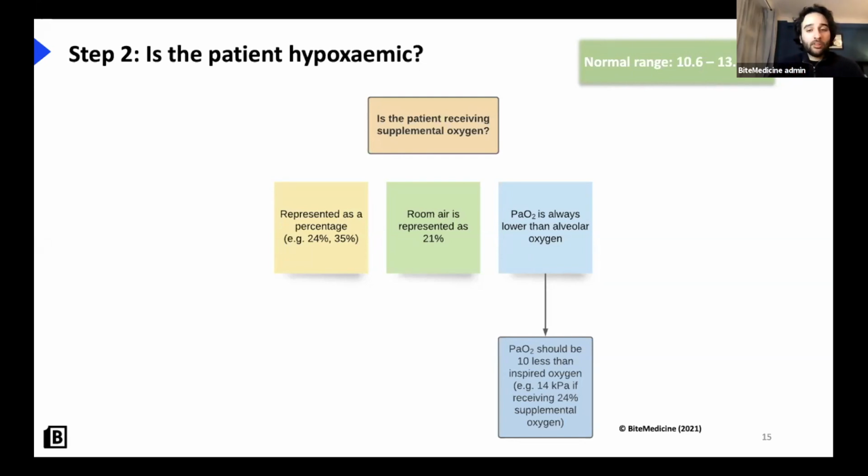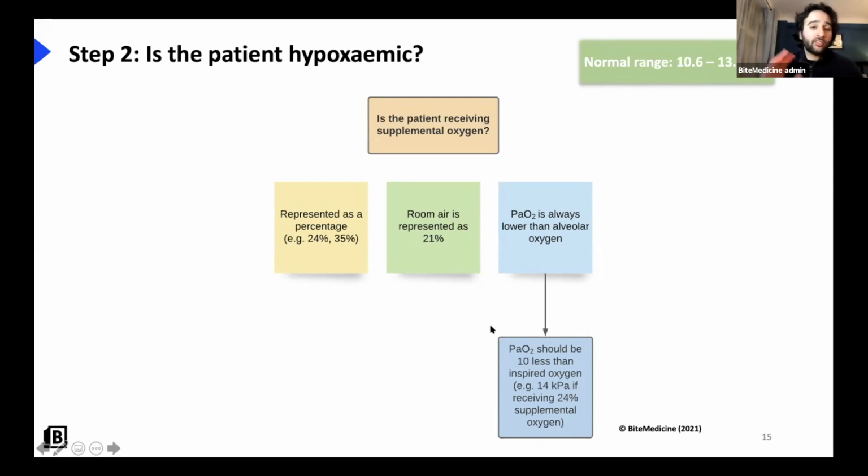So for example, if you're receiving 24% supplemental oxygen, your partial pressure of oxygen within your blood or your arteries should be roughly 14 kilopascals. So that's just a little bit of context for you there. And if you haven't quite got your head around that, that's totally fine. That's what we're going to be looking at next.